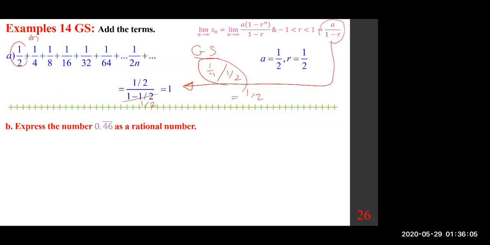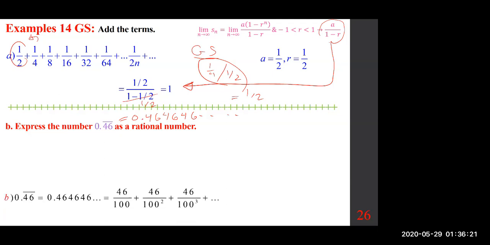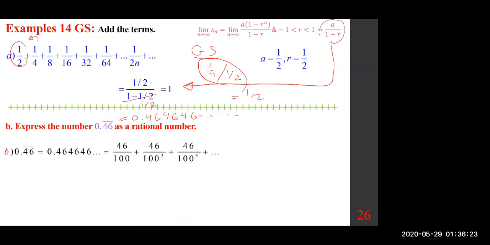So in other words, 0.46 bar means 0.46 indefinitely. And what it means is that we can add up as follows. Let me continue with what I wrote in a different color.